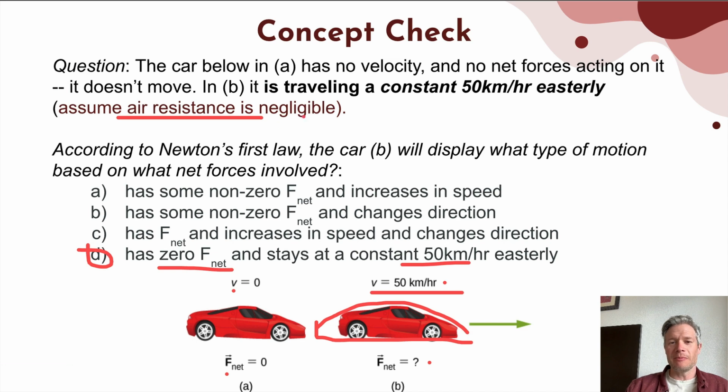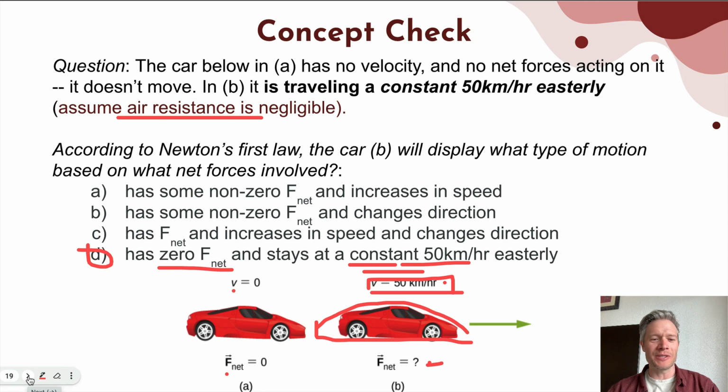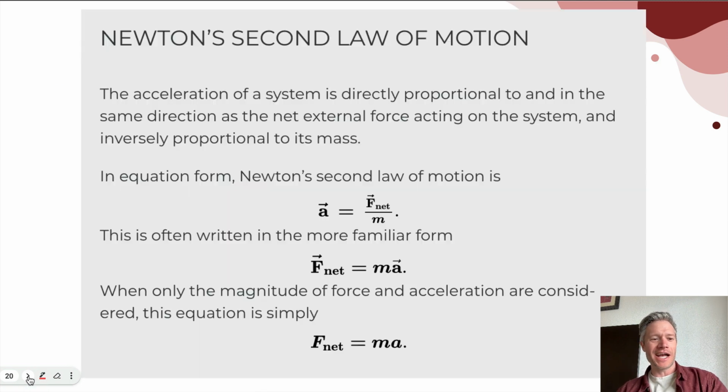This raises a really good question, or a good segue into our second law: if we don't have any force, we do still have motion, but we know this vehicle won't be speeding up. Well, why is that? How do we talk about acceleration and forces? Wow, that is such a great question to be asking yourself at home.